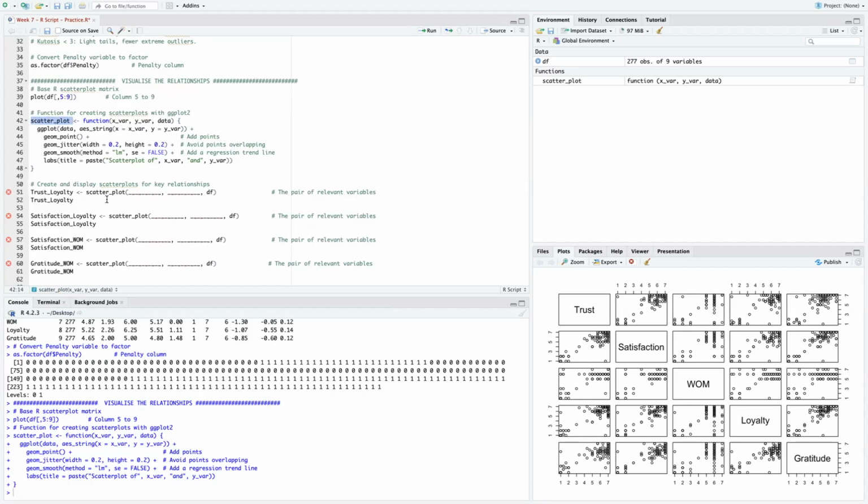Now, we just use that function and add specific input, particularly what is the x variable, what is the y variable, and what data we need. In particular, right here, we would like to create a scatter plot for the relationship between trust and loyalty. So, what is x and what is y?